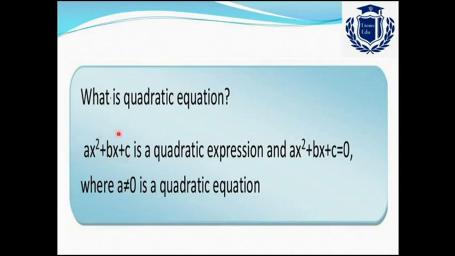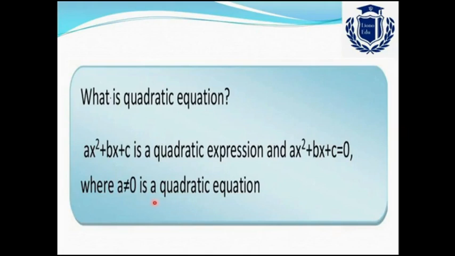And if you want this quadratic expression to become an equation, then there should be the sign of equality. When there is the sign of equality, a quadratic expression will become an equation. So we can say that ax square plus bx plus c is equal to 0 is a quadratic equation where a is not equal to 0.